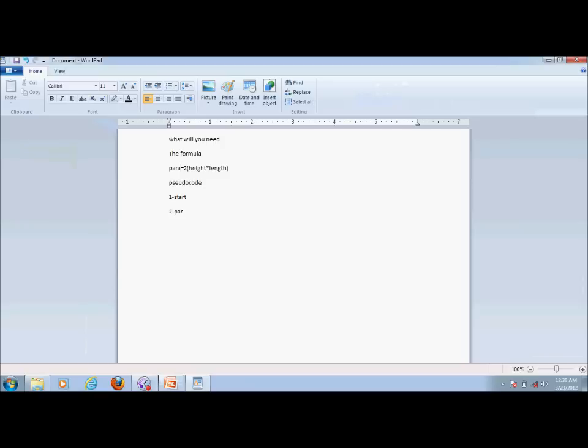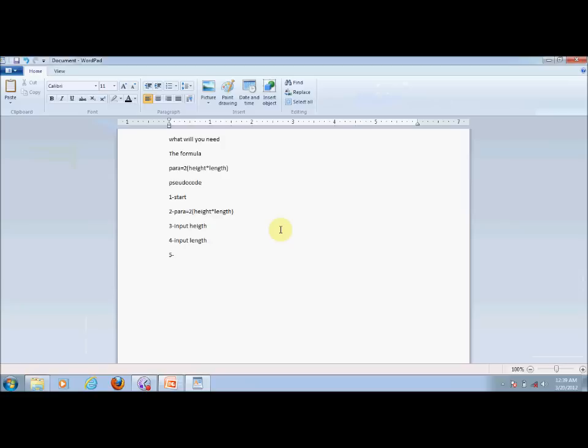Let's copy that one. Okay, then when you are seeing the formula you know that you will need height and length while solving the problem, and that in the third step and fourth step you are taking them from the user.